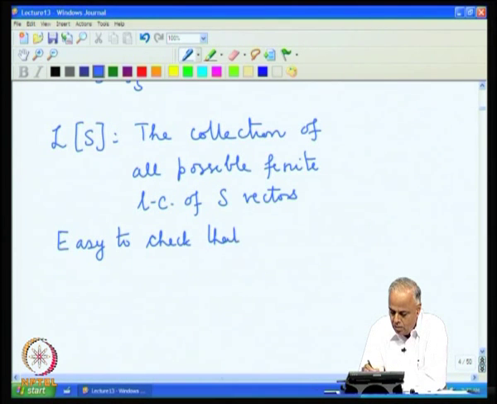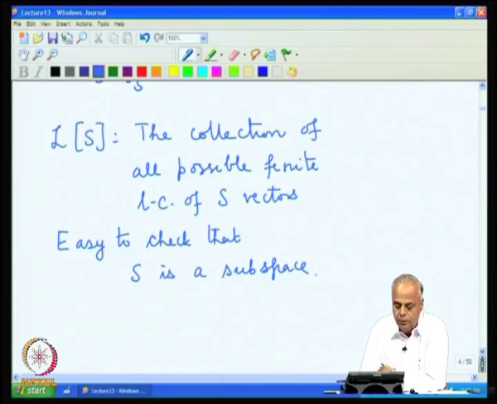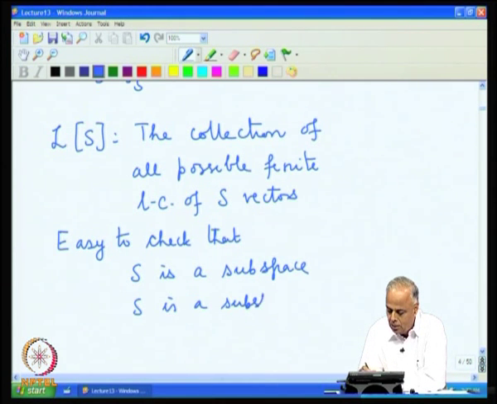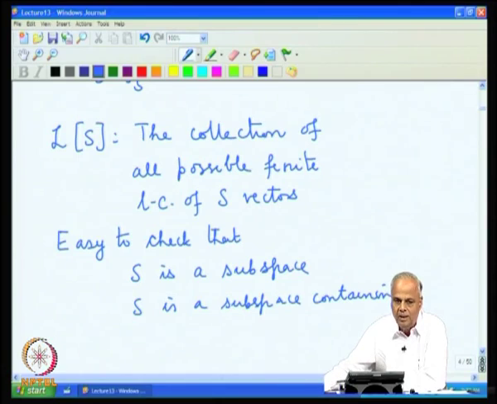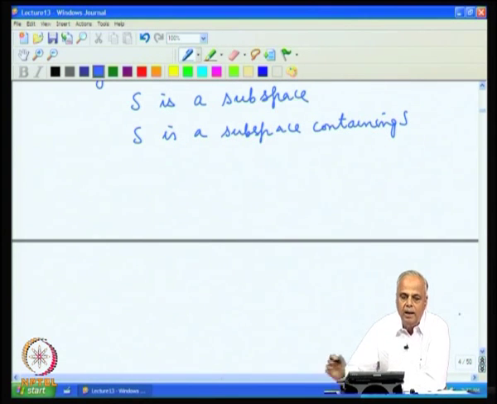And it is easy to check that first, L(S) is a subspace, and we keep on adding the usual adjectives. It is a subspace qualifying, namely containing S, that is the next additional property, and then among all subspaces that contain S, this is the smallest subspace.